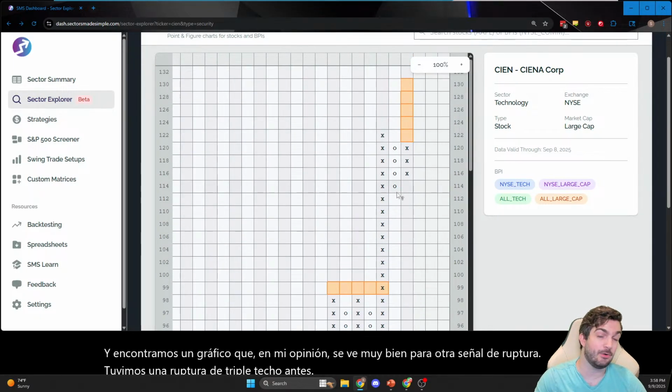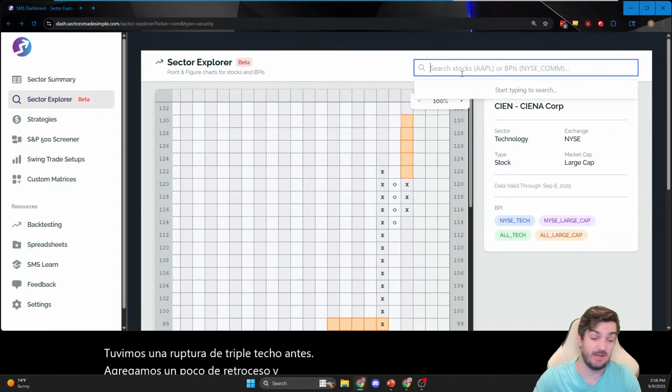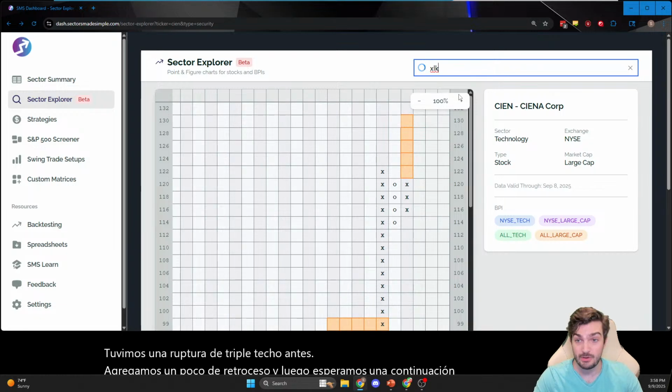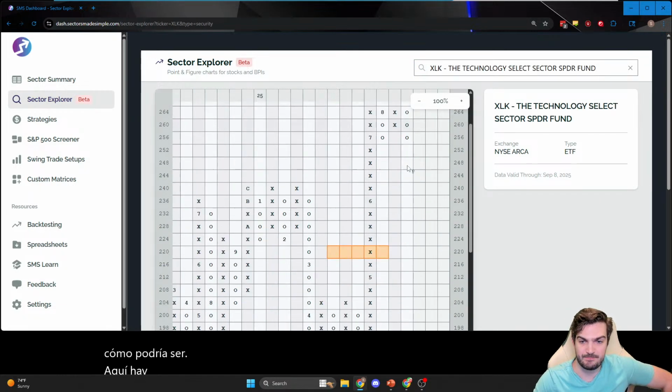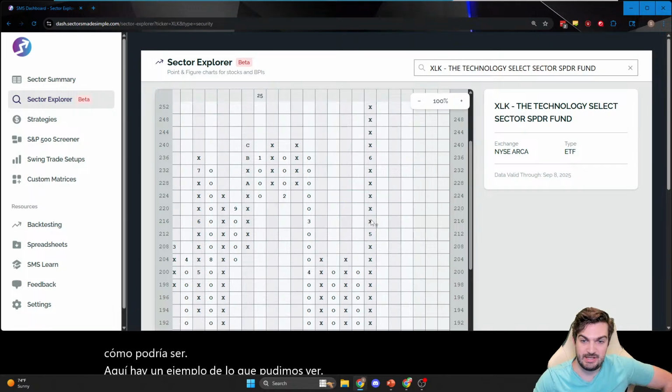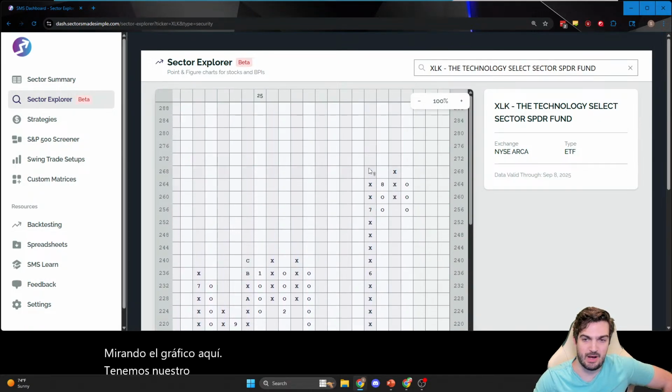We had a little bit of pullback, and then we hope for a continuation. If you're interested to see what that might look like, here is an example of what we could see. Looking at the chart here, we have our triple top breakout going up, and then the hope is that this column would continue.